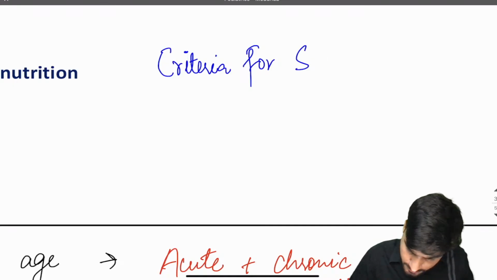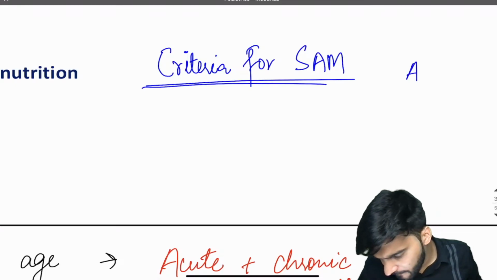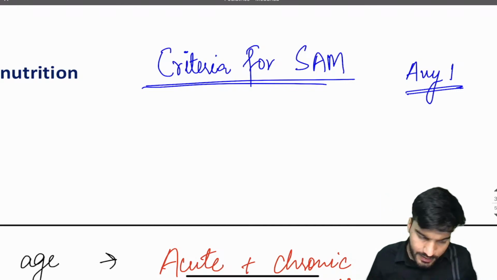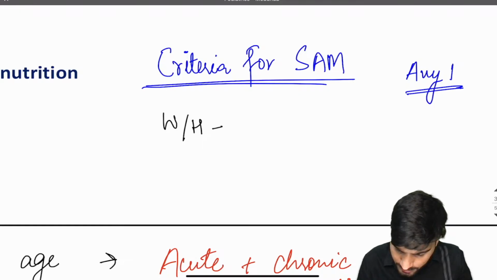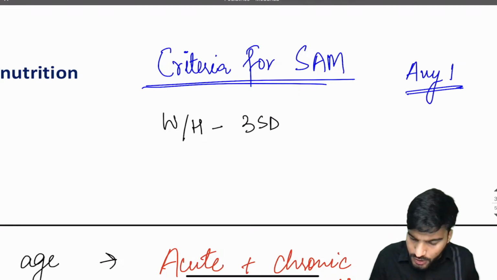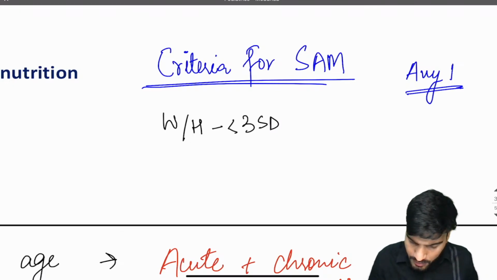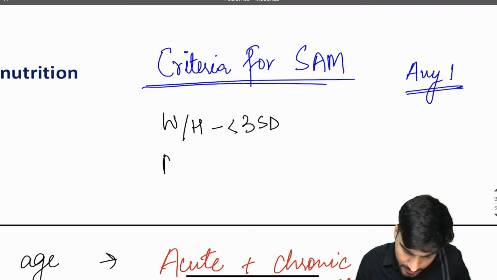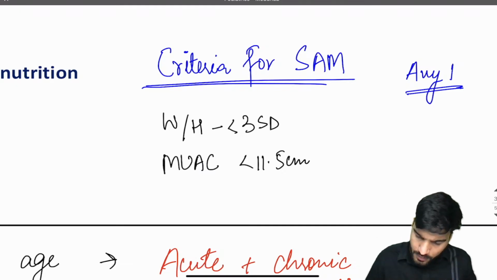First, weight for height should be less than -3 standard deviations. Second, mid upper arm circumference should be less than 11.5 centimeters.